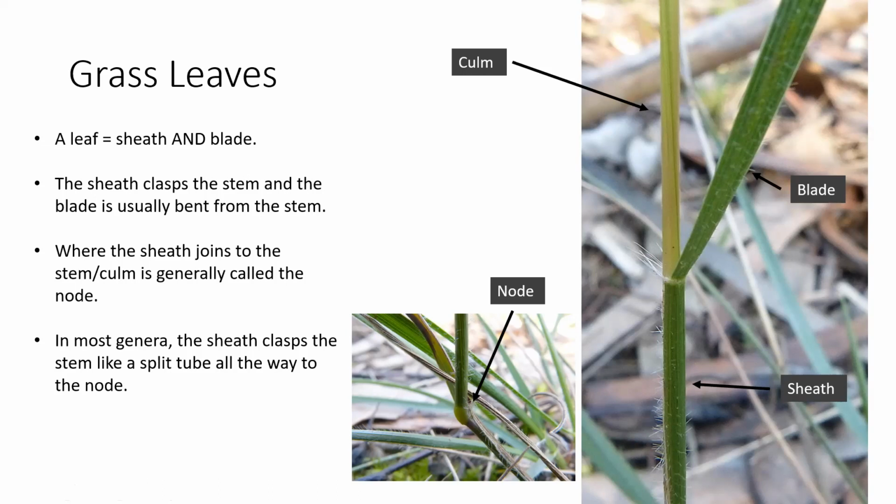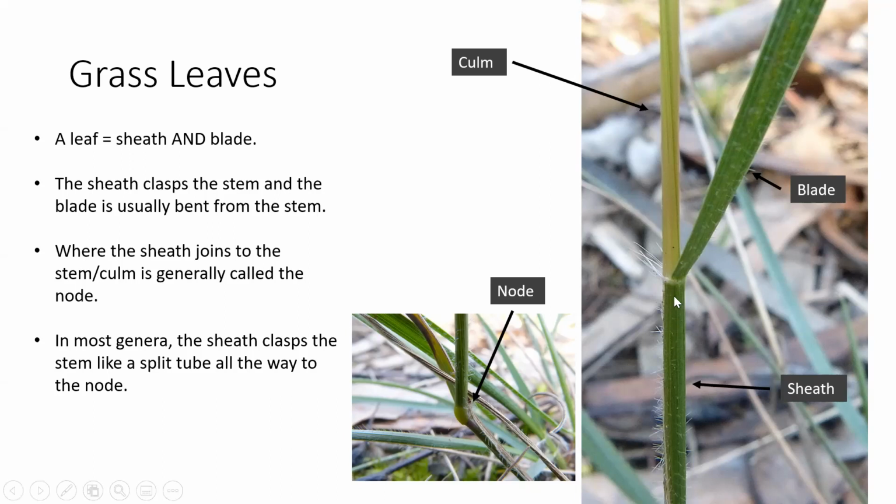It's in a grass, generally not fused, the sheath. It's generally split. If it's fused, you're likely looking not at a grass. And then there's always a distinct kind of junction between the sheath and the blade.